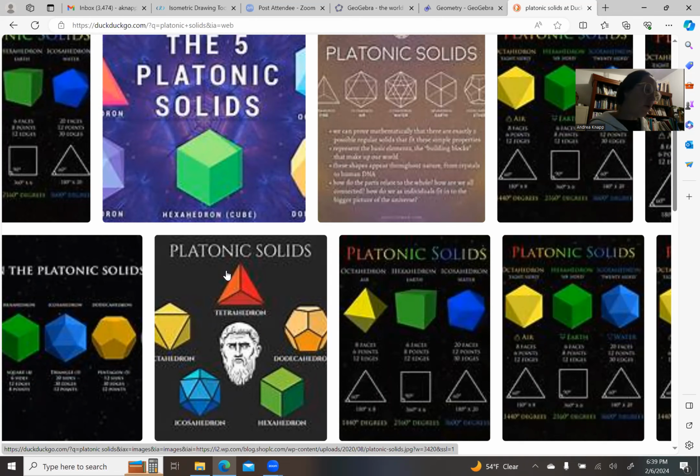Be familiar with Euler's formula that the number of vertices plus the number of faces minus the edges will equal 2 on any of the polyhedra. And remember, polyhedra are made of polygon faces. Know the difference between a pyramid and a prism. A pyramid comes to a point and a prism has parallel faces.